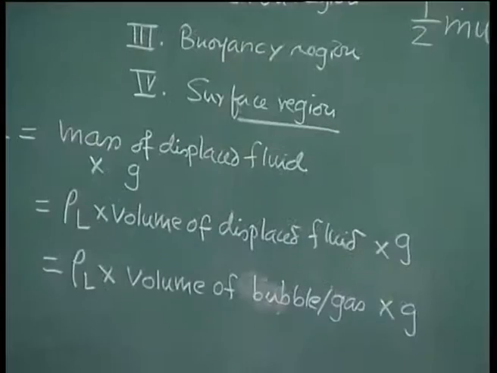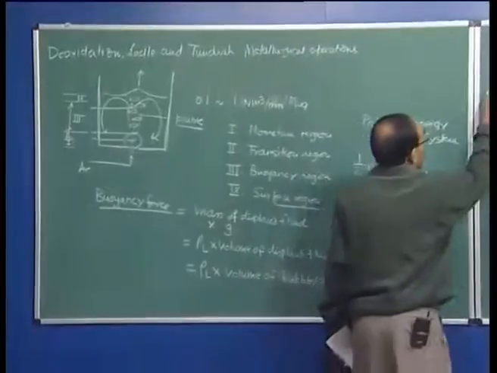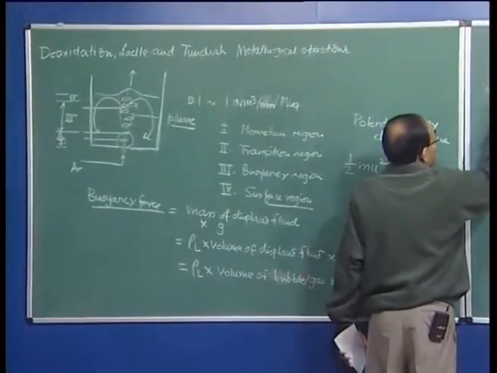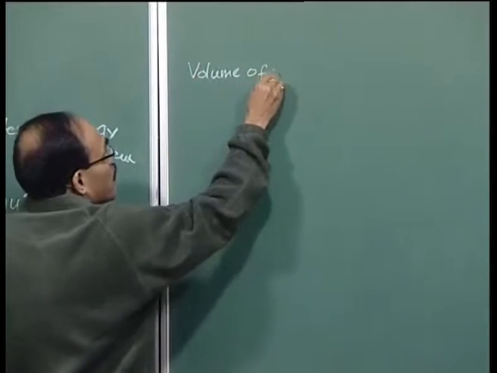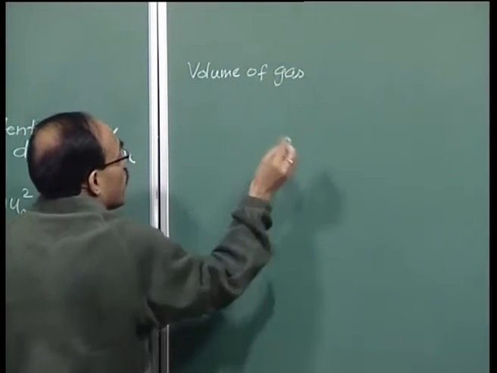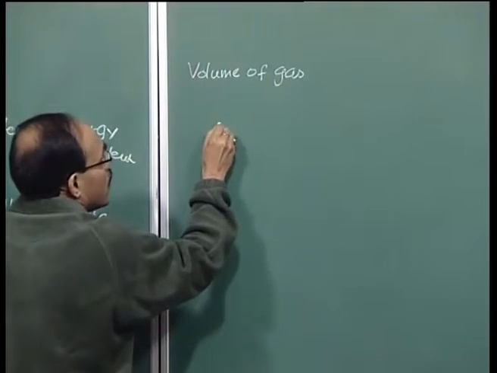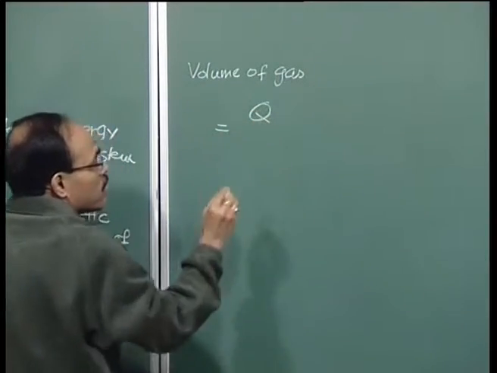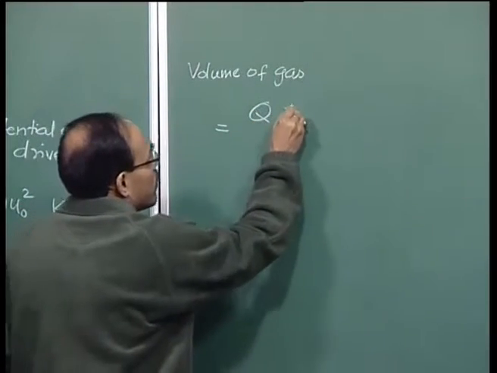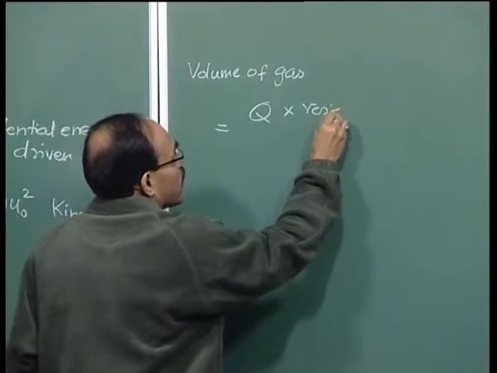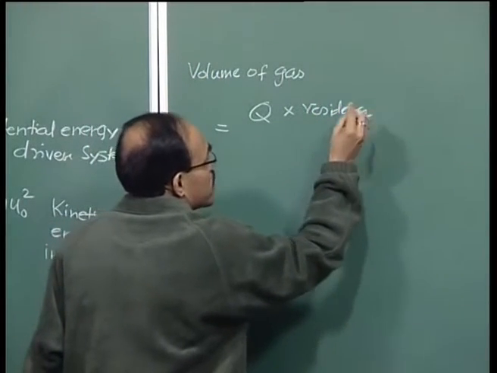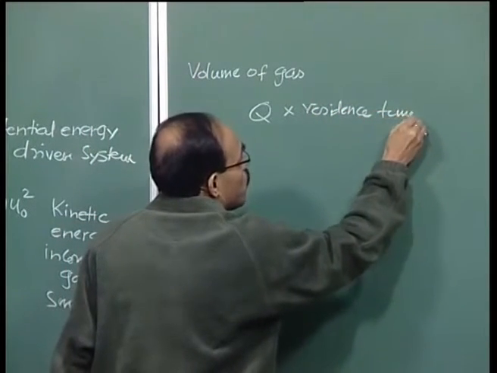So, now how can we calculate the volume of gas? The volume of gas is equal to the volumetric flow rate of gas multiplied by the residence time of gas, that is, how long the gas spends within the plume.